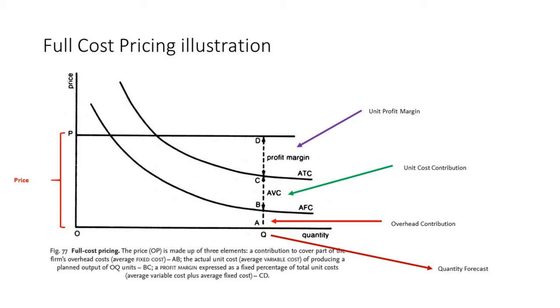Now at that point, Q, which is 160 hours, the overhead contribution to our full cost price is given by the vertical dotted line going from A to B. That's how much overhead we allocate to the plumber's function. The distance between point B and point C on the graph is the cost of goods sold unit cost contribution to the full cost price.